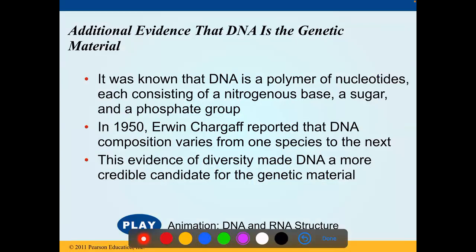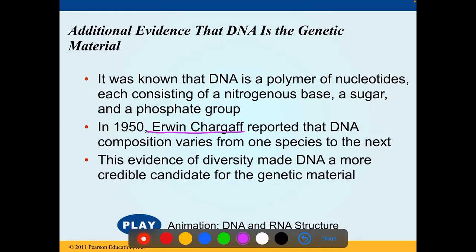This looks like a very simple experiment, but it is really hard to do or to come up with at that point. Additional evidence that DNA is the genetic material came from Erwin Chargaff. He studied the chemical composition of this nucleotide polymer.